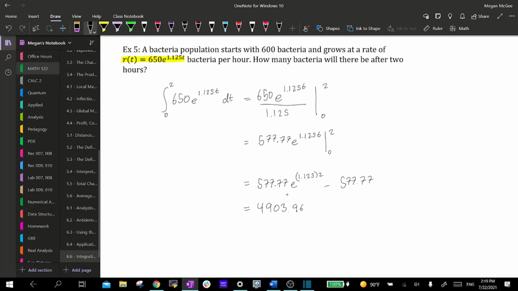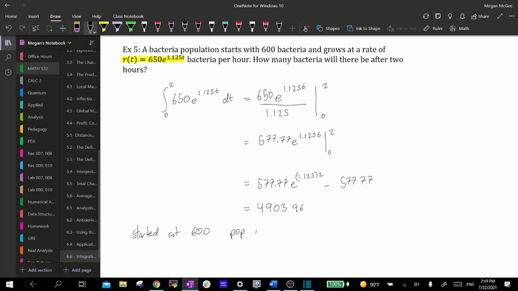Okay. But what was the question asking? We were asked how much bacteria will there be after 2 hours? What we just calculated is the total amount of change in the first 2 hours. But we need to add that to what we started with. All right, so we started at 600 bacteria.